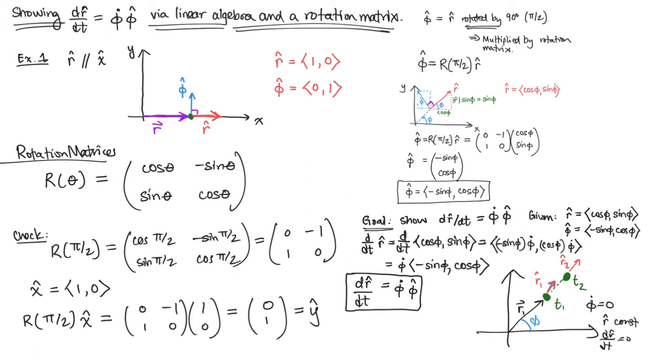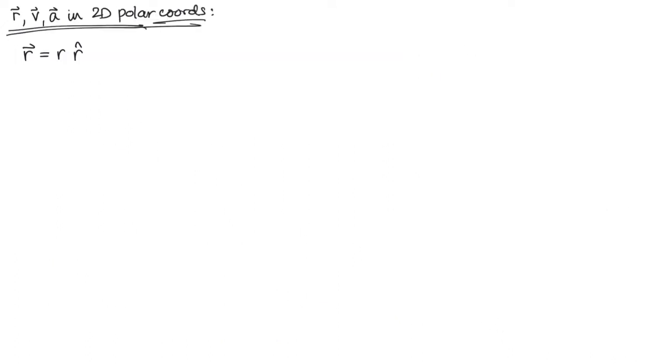So now we're going to come back to position, velocity, and acceleration in polar coordinates. Just to make sure we're all on the same page, we're starting with the statement that r vector is equal to r r hat, and we want to know v. Well, that means we have to take a time derivative of the position vector, which is r dot in the r hat direction plus r times the time derivative of r hat.